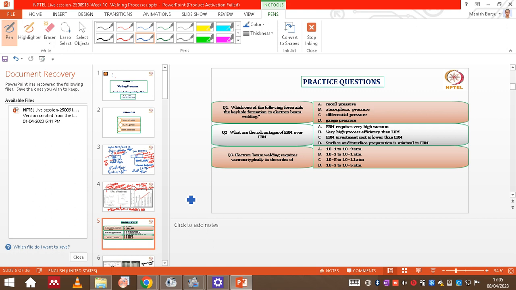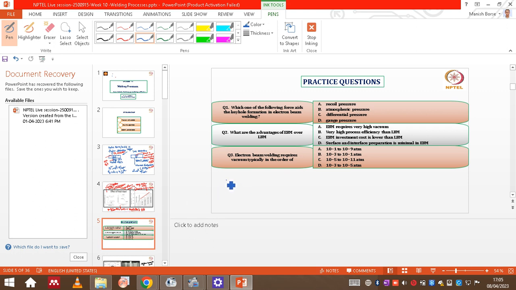And as the energy is concentrated on a very small area, by manipulating the energy we can ensure full penetration, or we can use this process in conduction mode, just for surface treatments, by reducing the power density, or by reducing the focus area, in a better way, right?